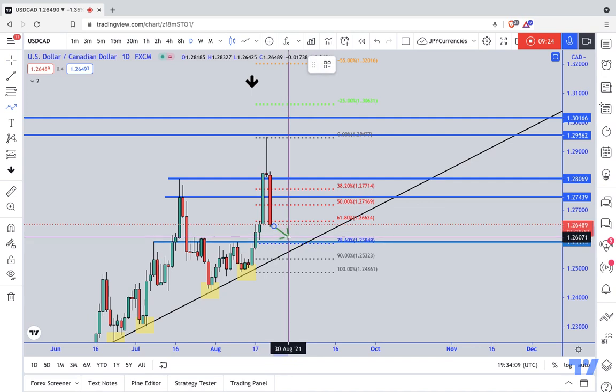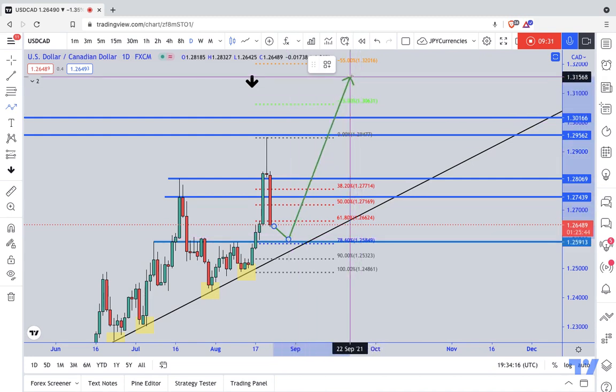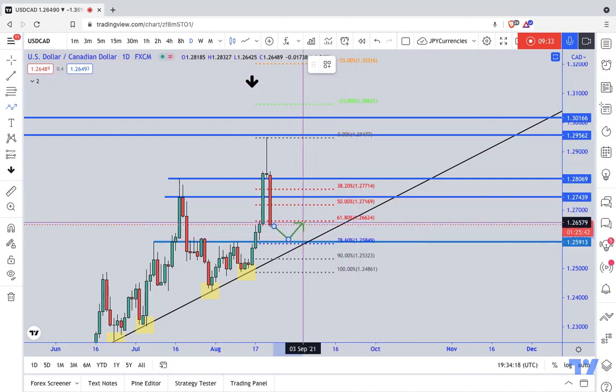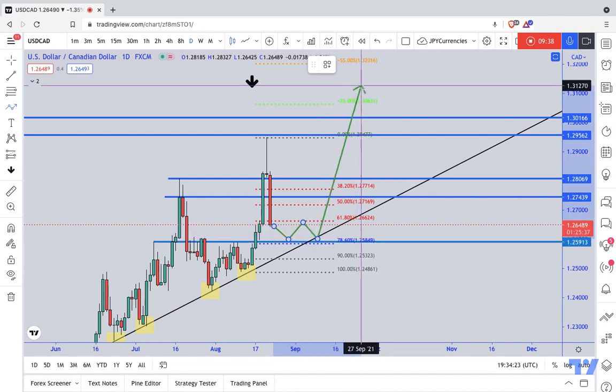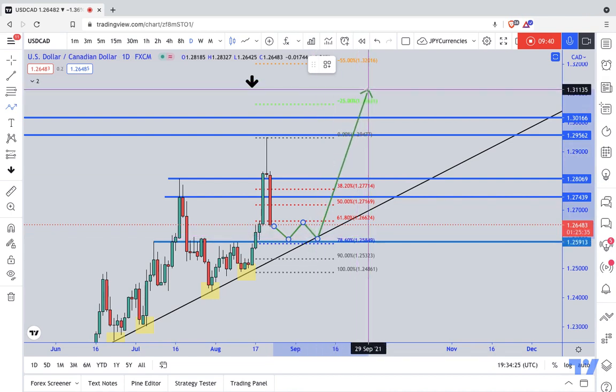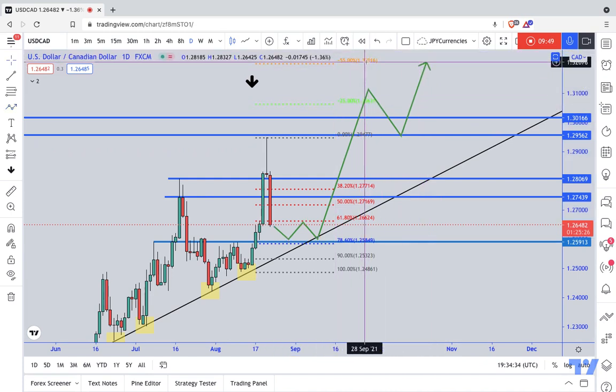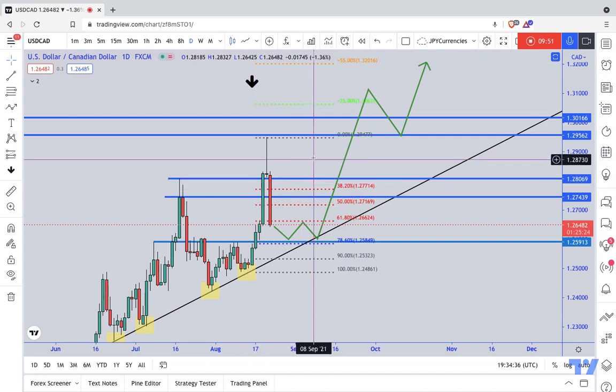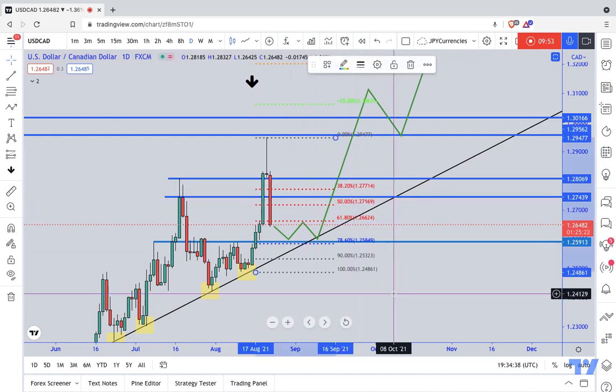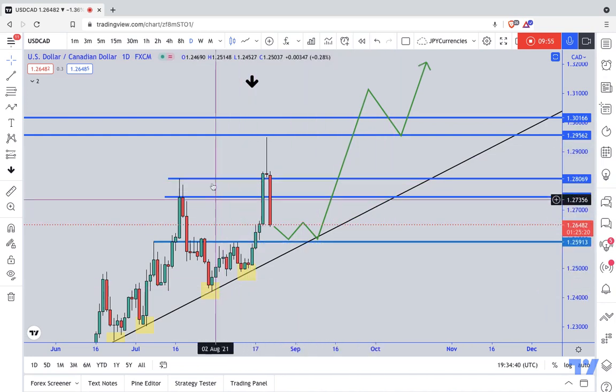Wait for 1.26, a nice rounded number, and maybe something like this, test again, and then just head higher. First target, and then second target here. I think this is what we are bound to see.